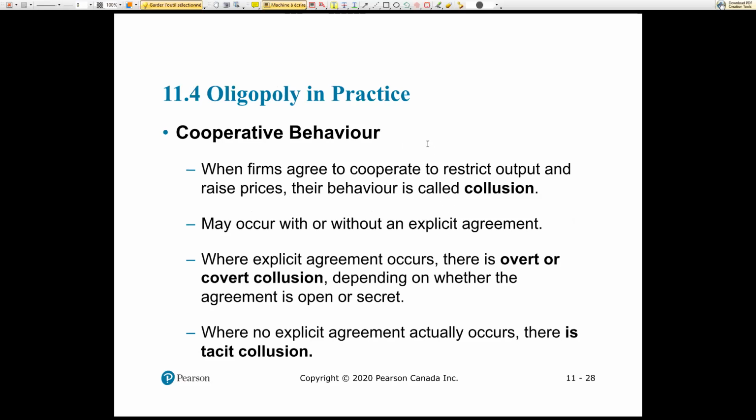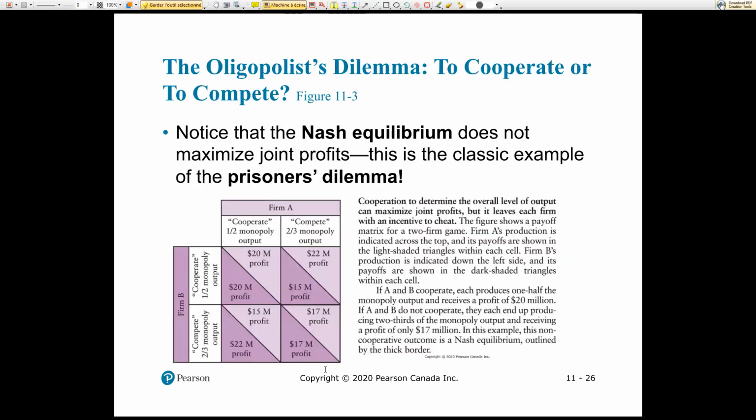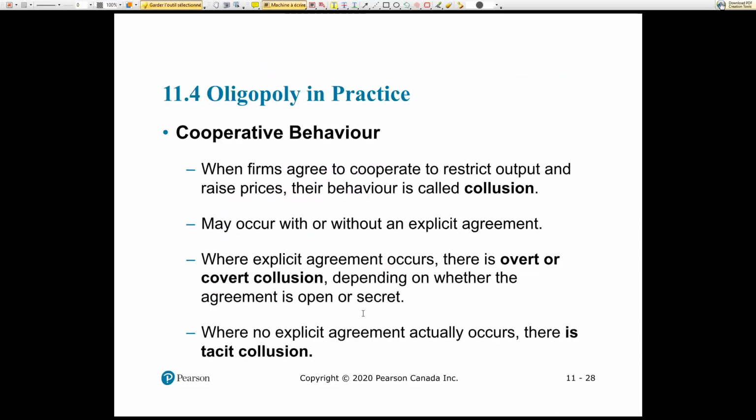In practice, you can have cooperative behavior. I said that in the model there's only compete that's an equilibrium. But in actuality you can have collusion, and this may happen with or without an explicit agreement.